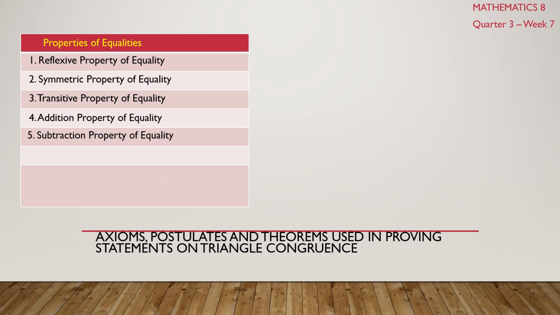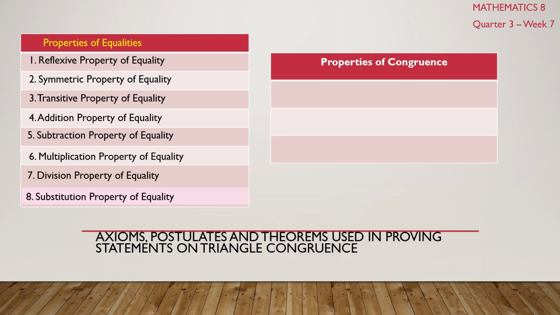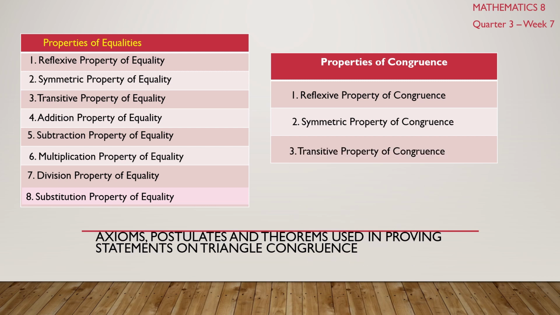We also have subtraction property of equality or SPE, multiplication property of equality or MPE, division property of equality and substitution property of equality. At meron din tayong tinatawag na properties of congruence. There are three: reflexive property of congruence, symmetric property of congruence, and transitive property of congruence.